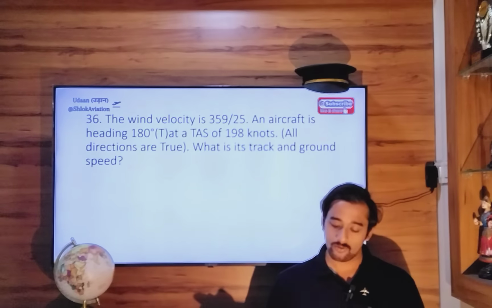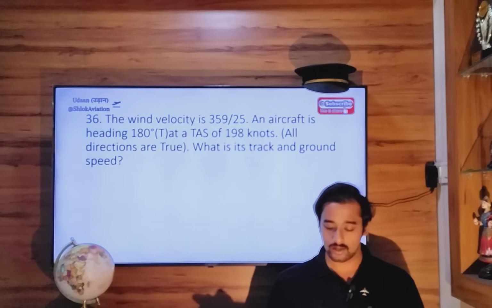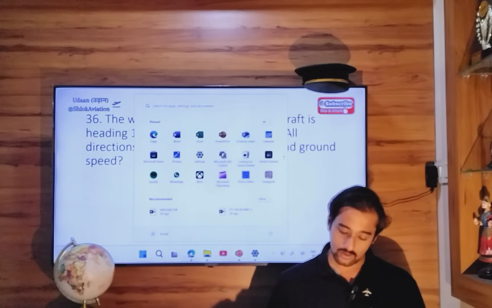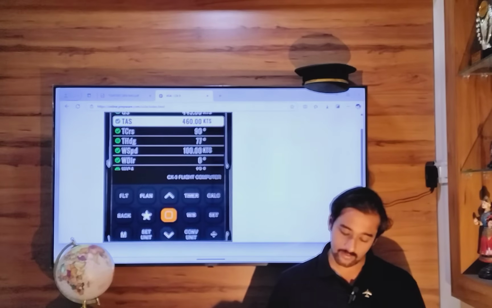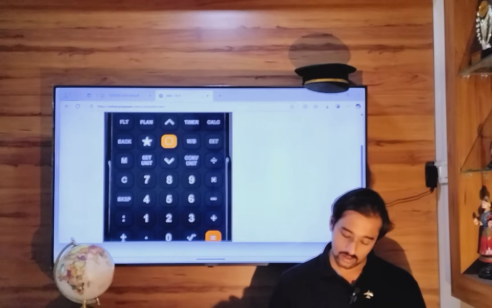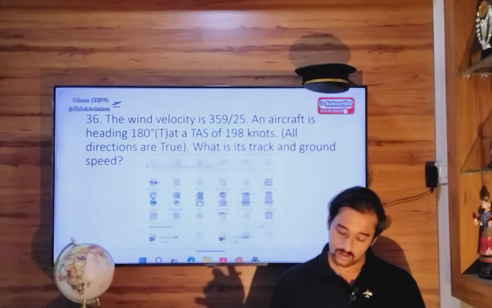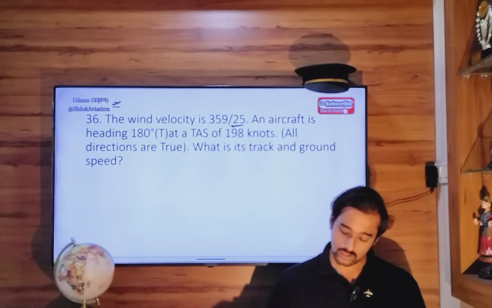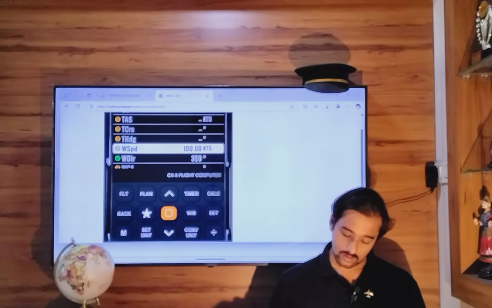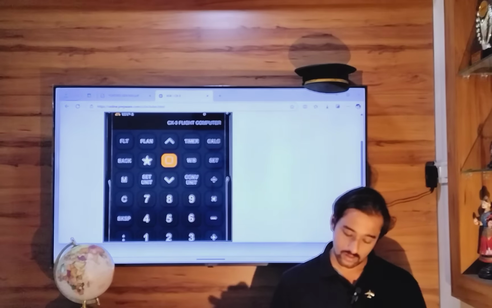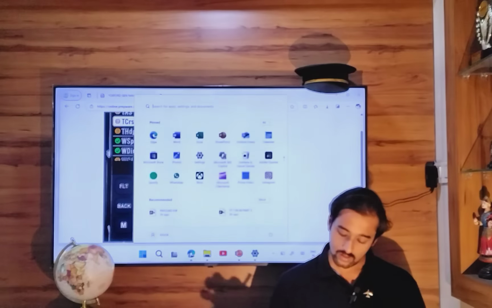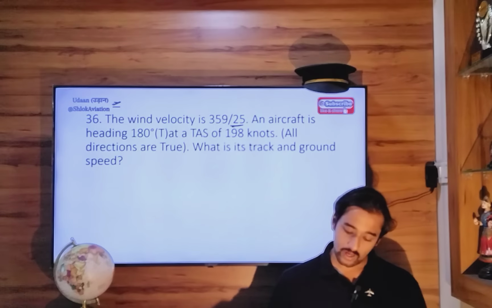Question 36. Winds are given, heading is given, TAS is given. What is the track and ground speed? So let's use CX3. Winds are 359 at 25 knots. Heading 180.